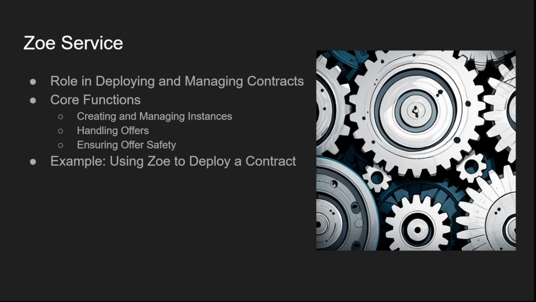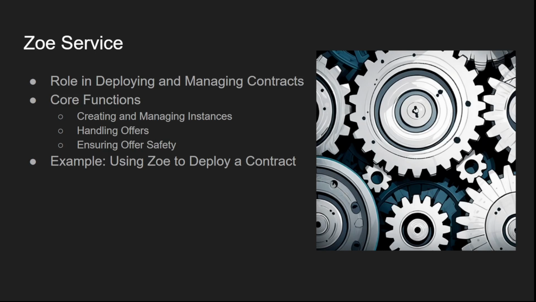It abstracts much of the complexity involved in handling contracts, making it easier for developers to focus on contract logic. Zoe ensures that all interactions with contracts are secure, transparent, and reliable, adhering to the principles of offer safety that we discussed earlier.